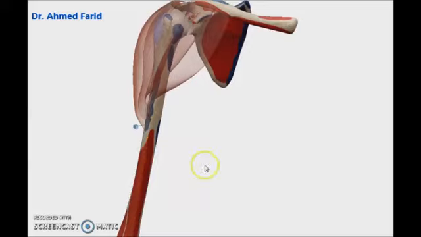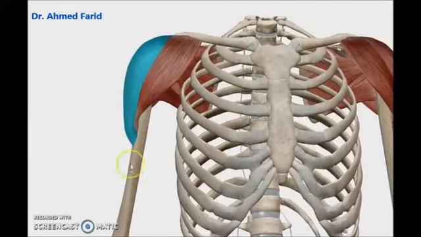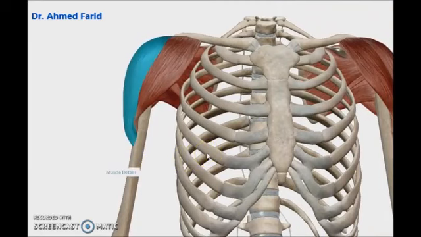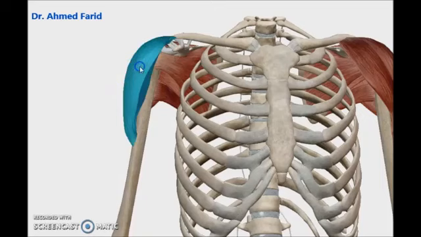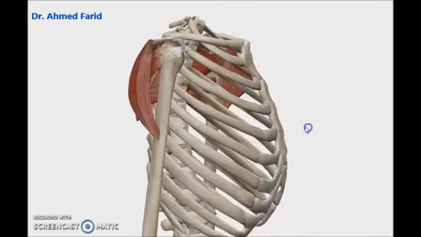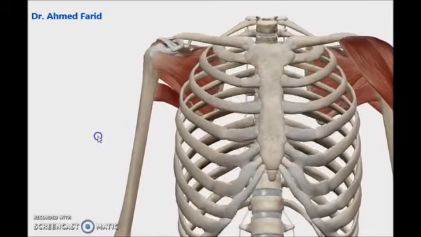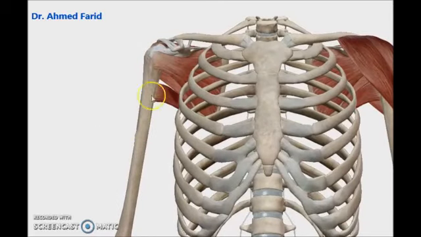Okay. Now we can go again to our view to see the rest of the other muscles. I will have to hide deltoid totally, anterior, middle, and posterior fibers, to see what's next.